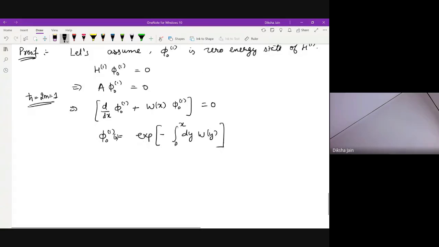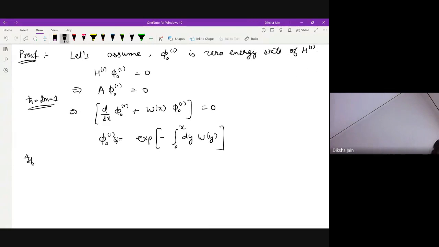Now if phi 01 is normalizable, what does it mean? This implies that the integral over dx of mod phi 01 mod square from minus infinity to infinity is less than infinity. So it's bounded.